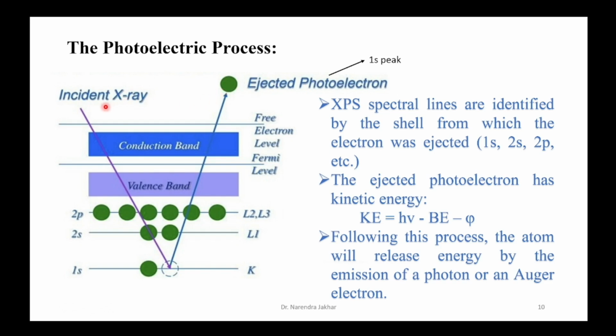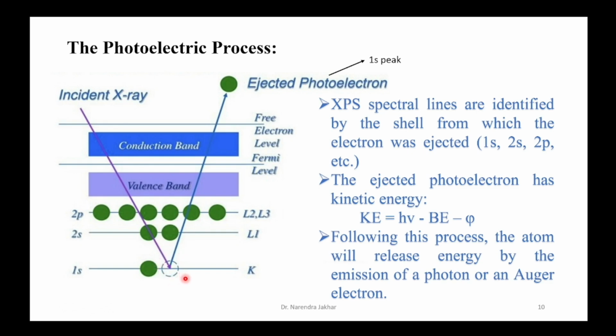Which electron gets ejected by the incident X-rays depends on several factors, and these are probabilistic events. So the 2s electron can also be ejected here. The 2p electron can also be ejected from this interaction with the incident X-ray. Suppose that this is the 1s electron.